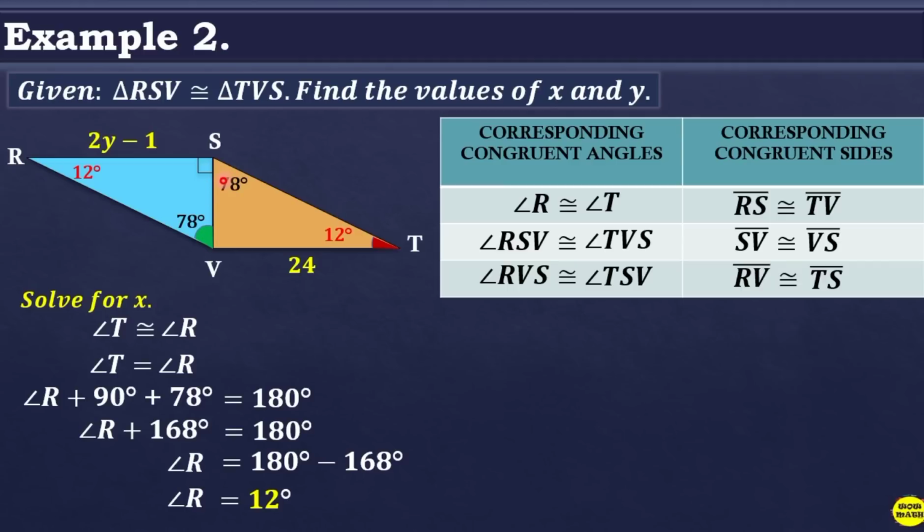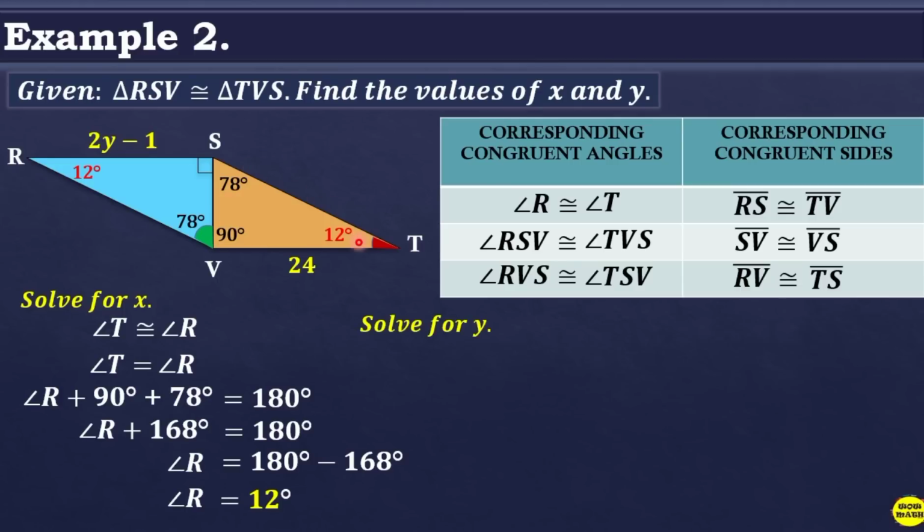Okay, so this is 78 degrees. And then this angle, yung angle RSV is congruent to angle TVS. So, this is also 90 degrees. Pwede rin po ito. Ito ang gawin mo na ilagay mo yung congruent parts nila, yung measures, and then apply mo rin dito yung triangle sum theorem. Ganon din po ang lalabas niyan.